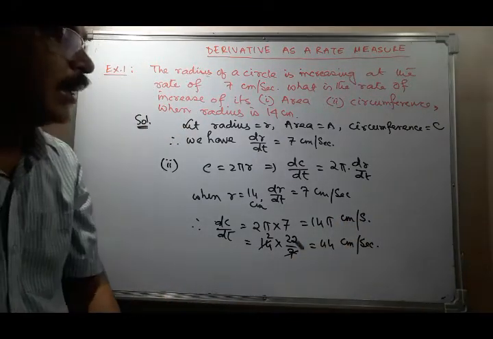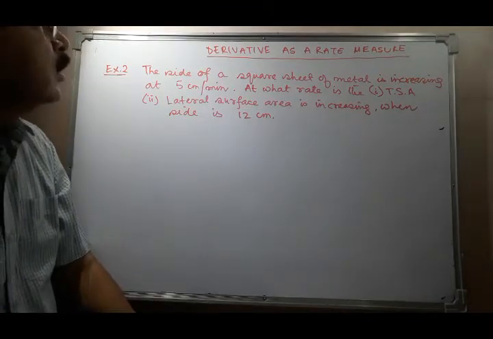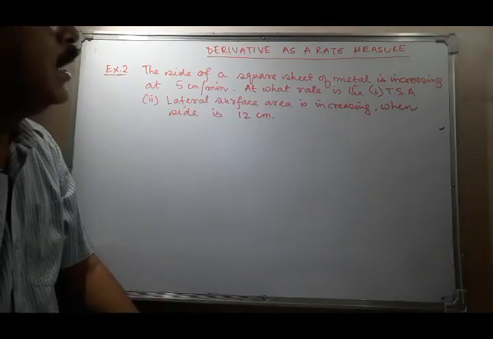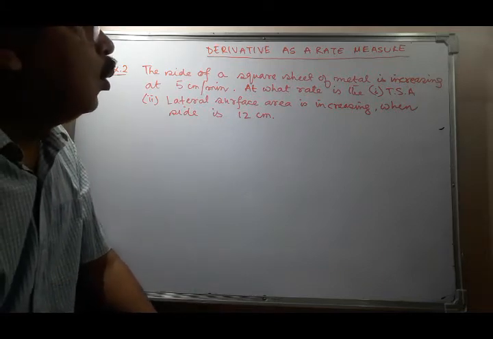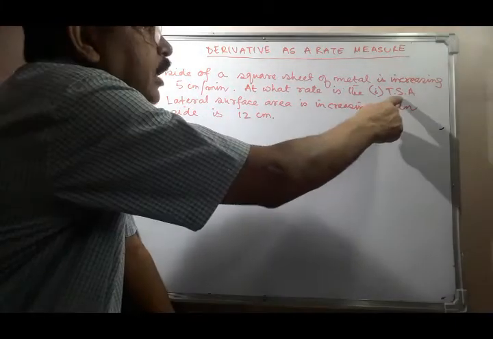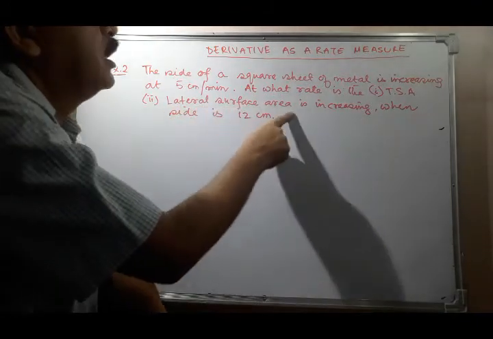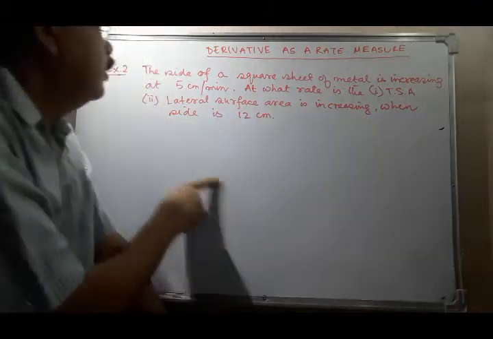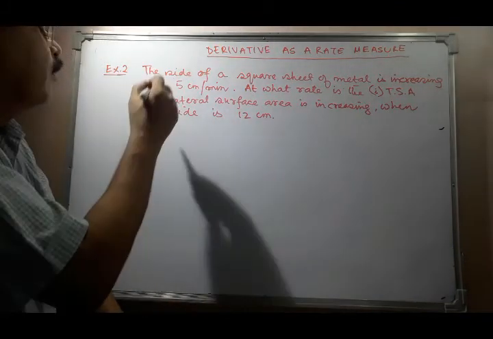Now we are going to the second example. Example number 2, the side of a square sheet of metal is increasing at 5 centimeter per minute. At what rate is the total surface area, and part 2, lateral surface area, increasing when side of the square is 12 centimeter?